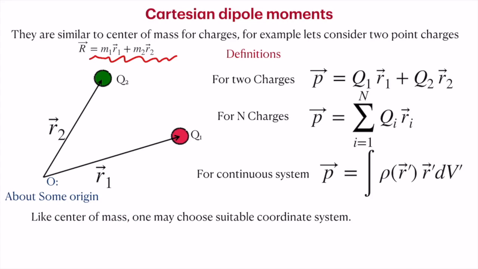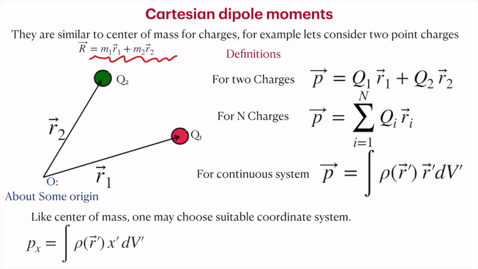Like center of mass, it allows us to choose an interesting coordinate system, and this we can also do in the case of the dipole moment. We see that conservation also plays an important role in the center of mass, and similar things can be used also for the dipole moment.